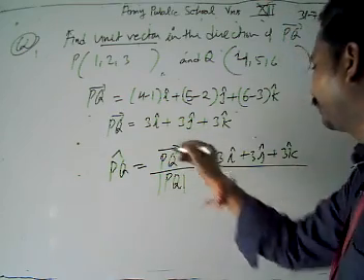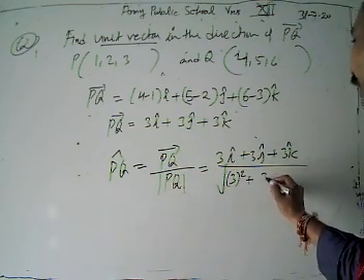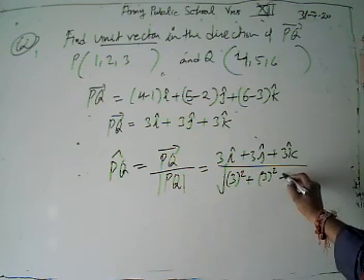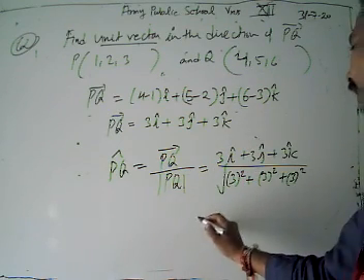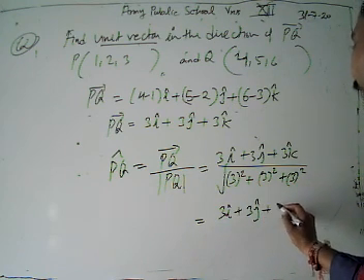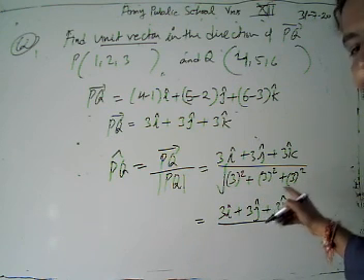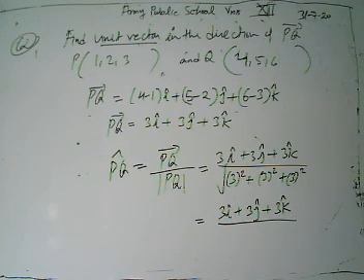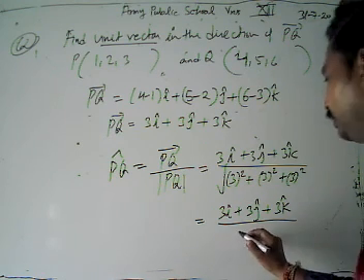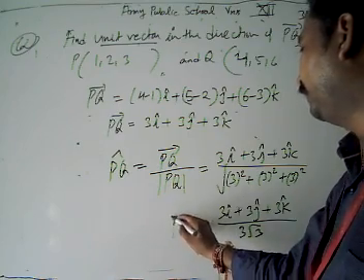We calculate the magnitude: 3 square plus 3 square plus 3 square is 9 plus 9 plus 9, which is 27. The square root of 27 is 3 root 3.